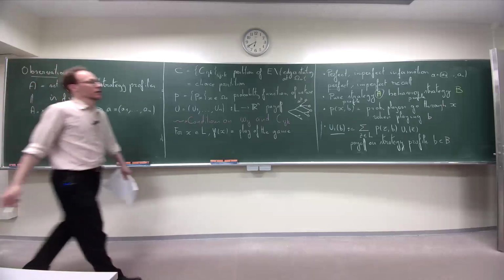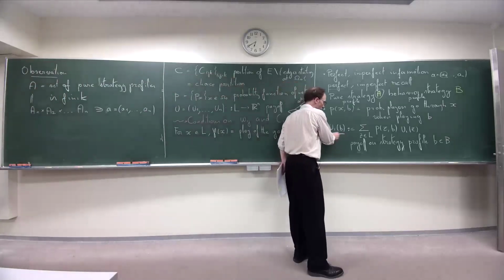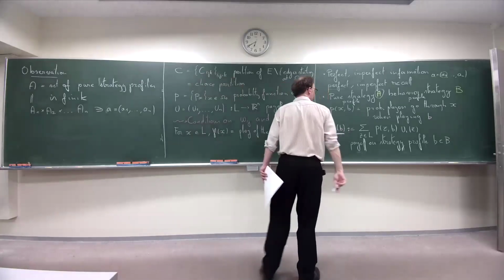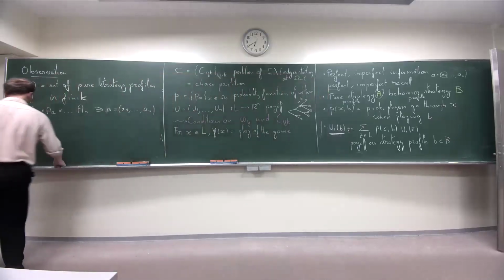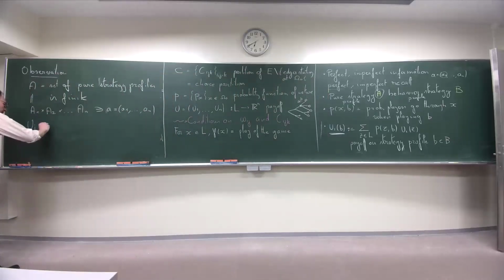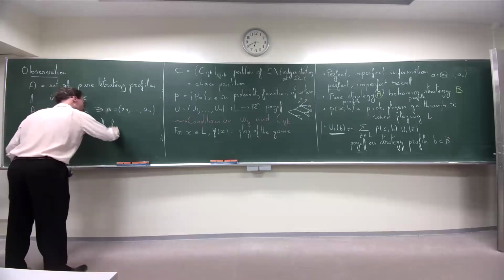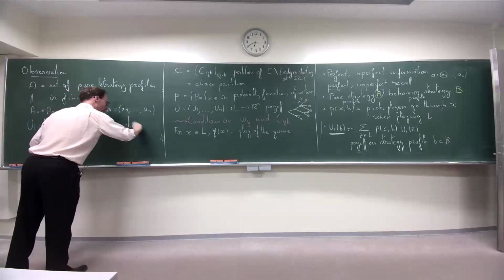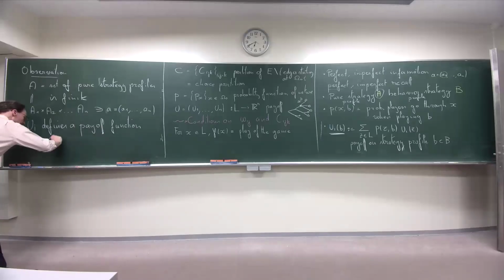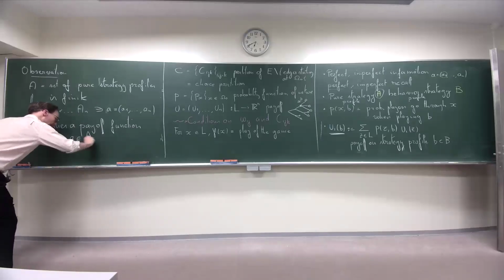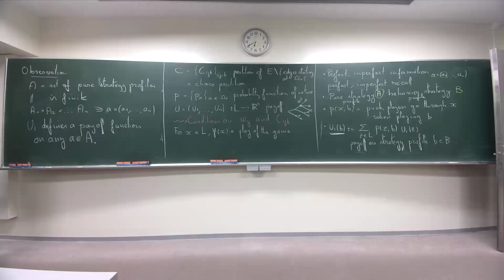And if I use this formula for A instead of B, we have a payoff: U_i defines a payoff function or utility function on any a belonging to A. So if you think like this, we are back to the framework of the previous chapter.